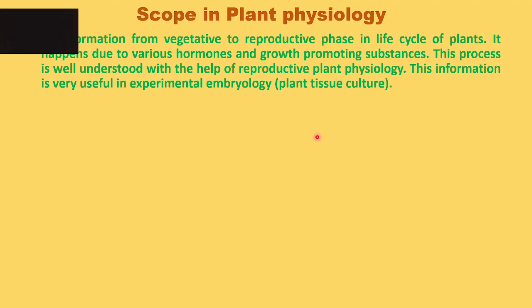That is, when a vegetative plant enters the reproductive phase, it starts flowering.